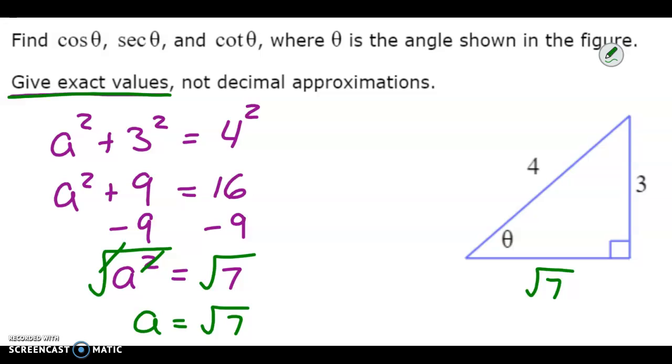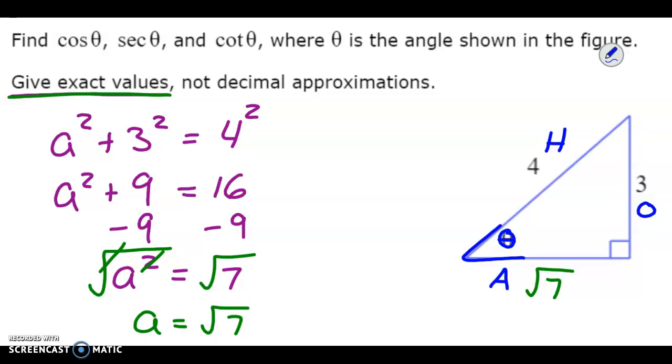Okay? So now when we go ahead and find these 3 different trig functions of our triangle, in terms of that angle theta, the hypotenuse is always the hypotenuse. The adjacent is that side next to it coming off the other side of the angle. And the opposite is going to be the 3, straight across from that angle.